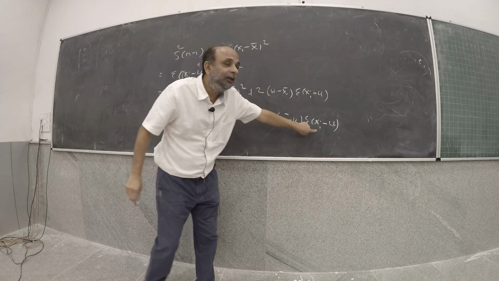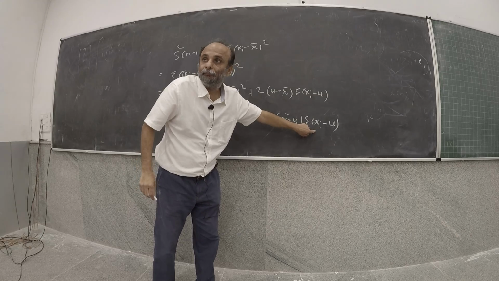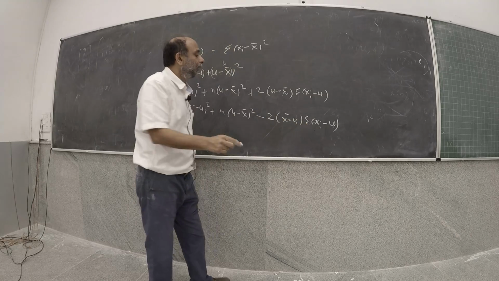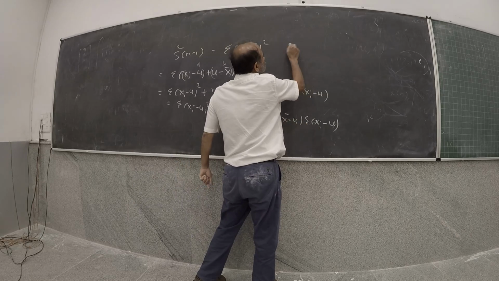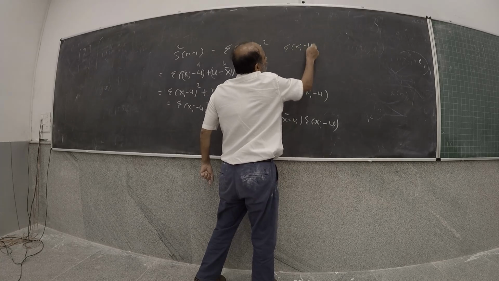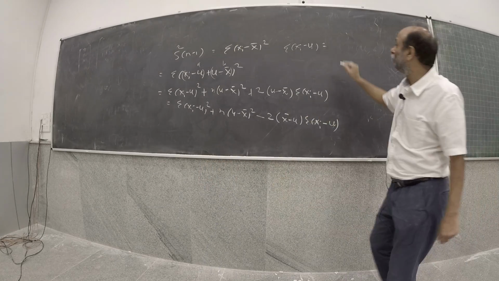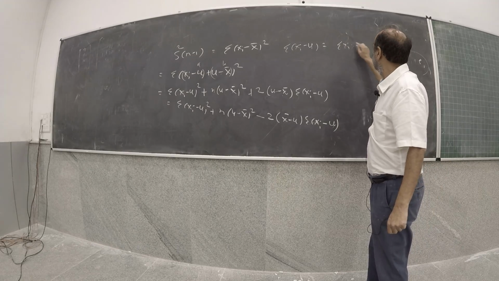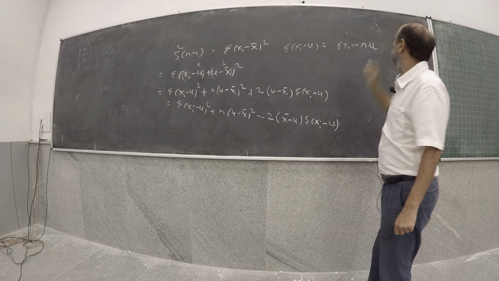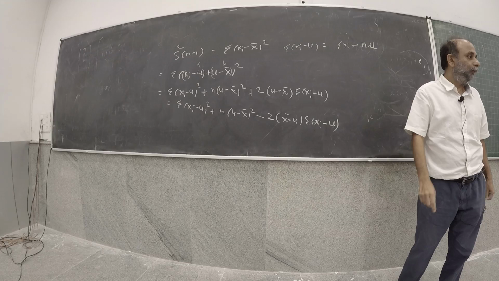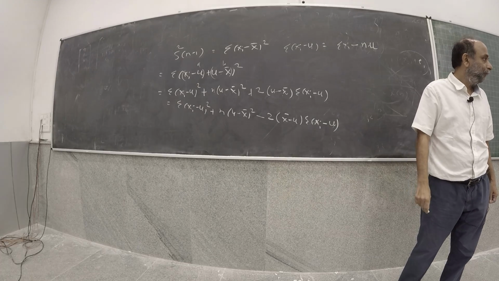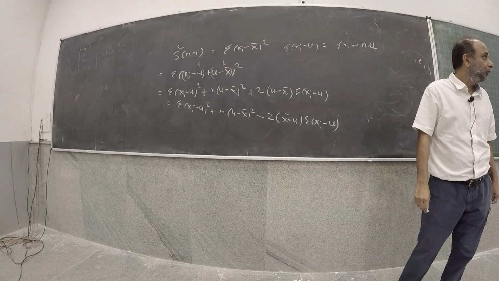Now, concentrate on this. Okay. Summation xi minus mu, right, is equal to summation xi minus n mu. Okay? Sure?